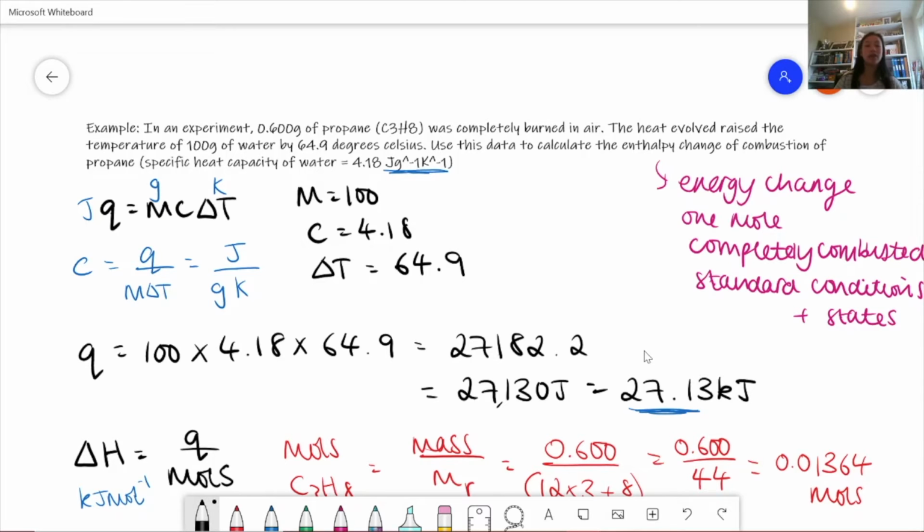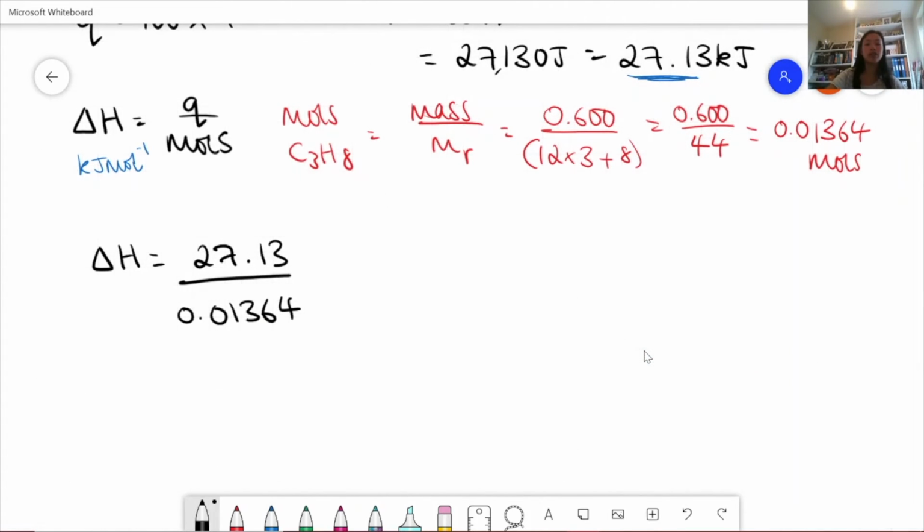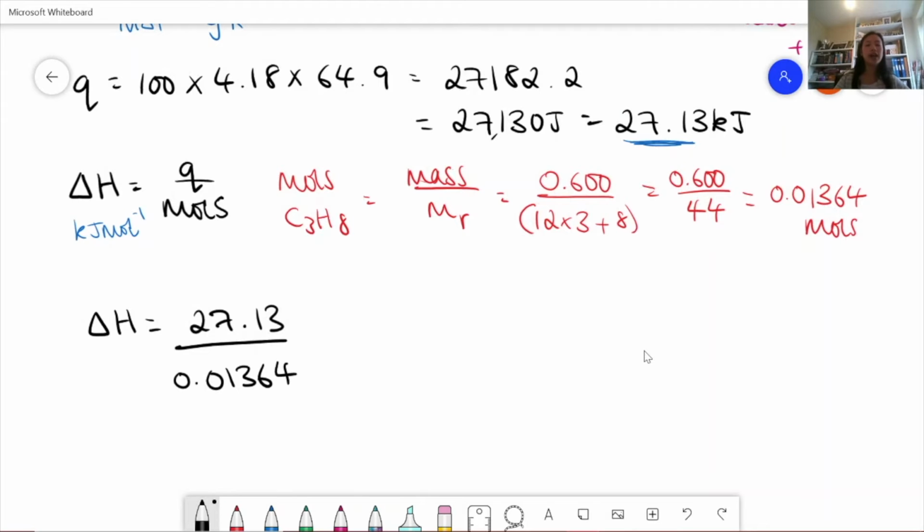So the heat of the surroundings is raised, which implies that it's an exothermic reaction. And because it's an exothermic reaction, we need to label this heat energy change as a negative, because the actual thing has lost energy, but it's just heated up the surroundings. So that's something really important to remember, the minus sign.